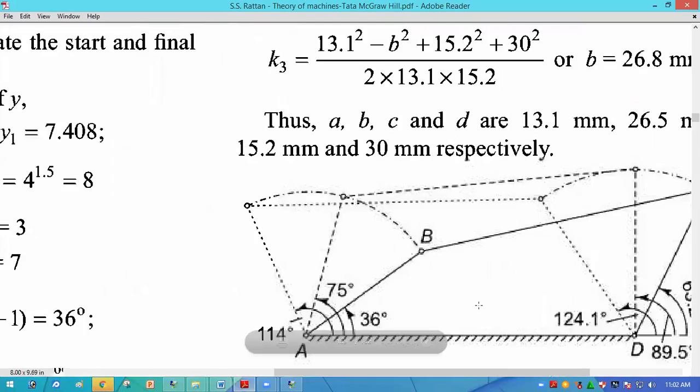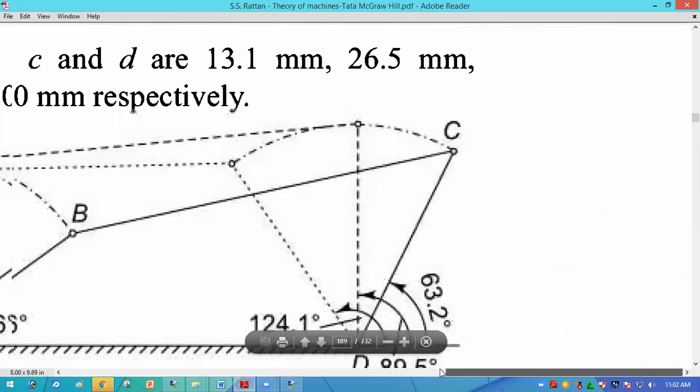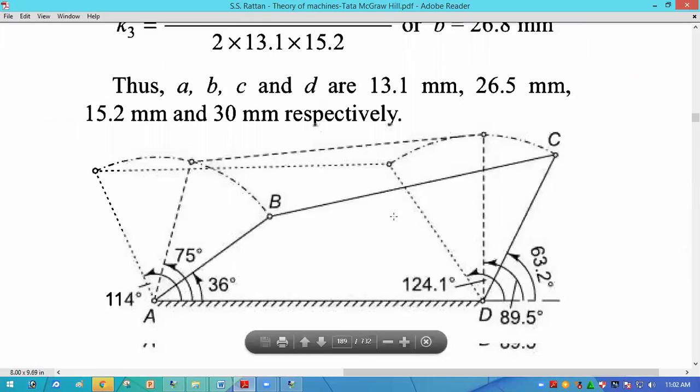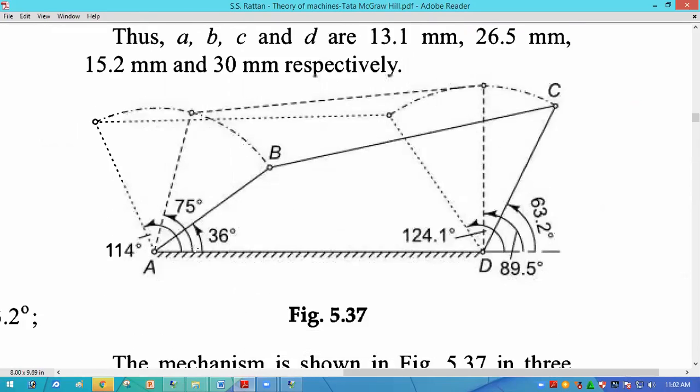So this is the actual mechanism. The fixed link length is given, that is 30 mm. AB is the input link and the other is the output link.